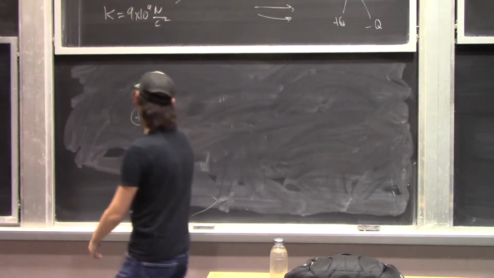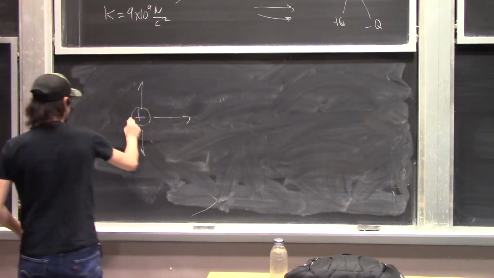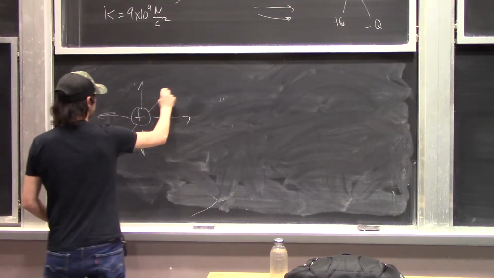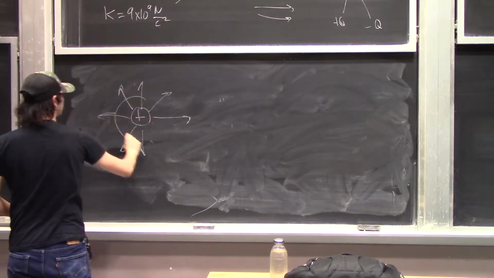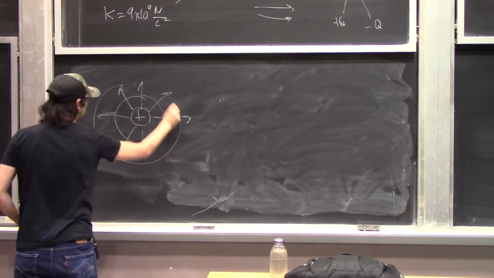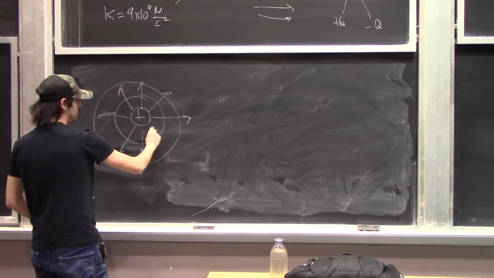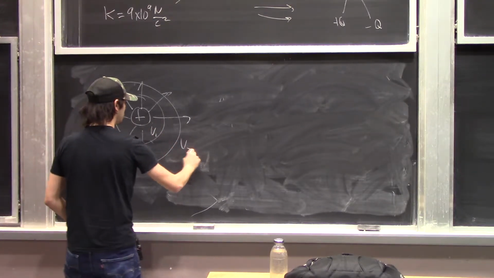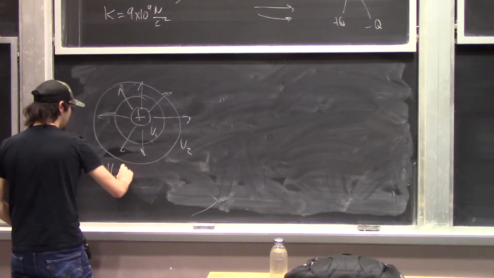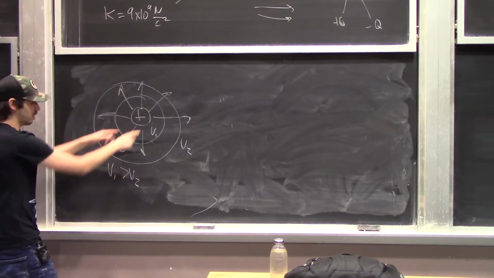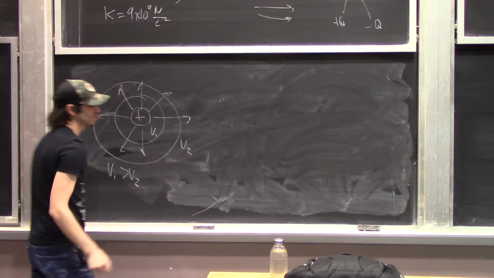So if this is my positive charge, we know our electric field lines go like this, and our equipotential contours go around like this. If we had some V1 and some V2 here, V1 is greater than V2, because the electric field lines point from high potential to low potential.